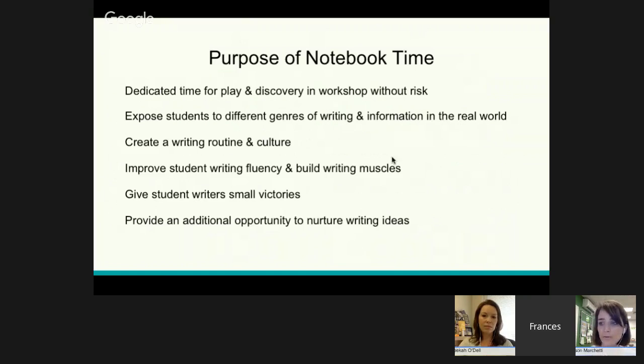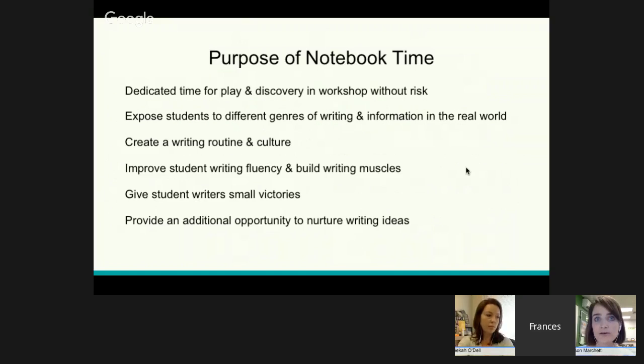And so what this looks like is a dedicated amount of time at the beginning of every class period. Students are being exposed to lots of different genres of writing and information in our world. We are creating writing routines and habits for them when we start every class period with the same kind of risk-free ungraded writing.